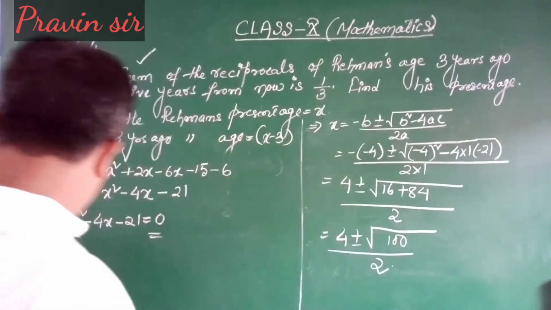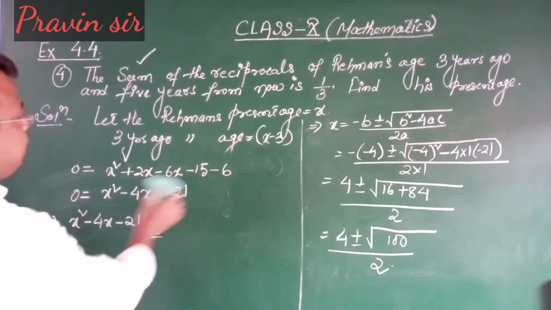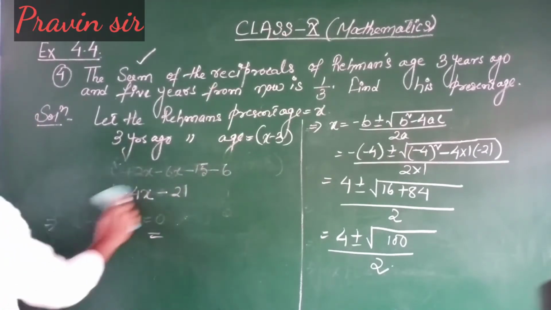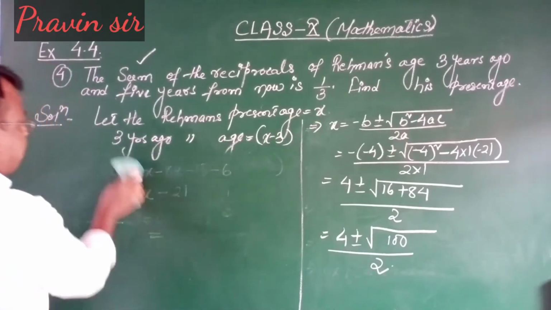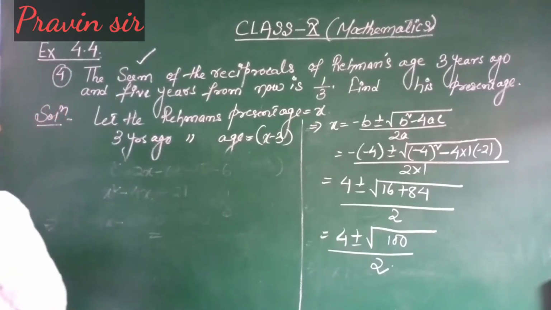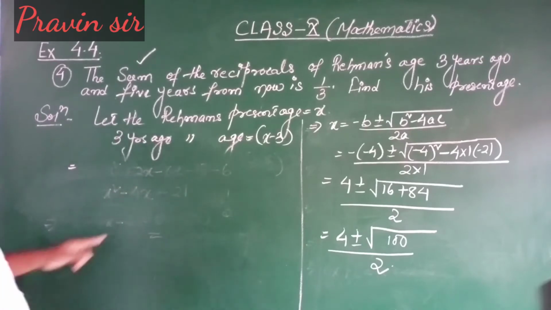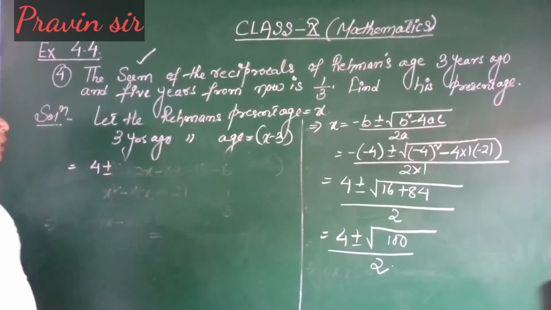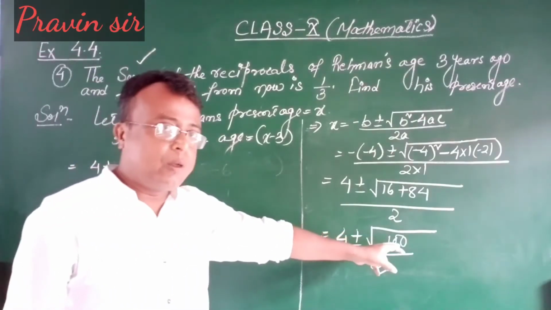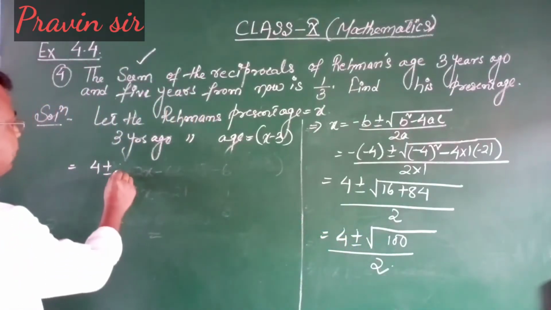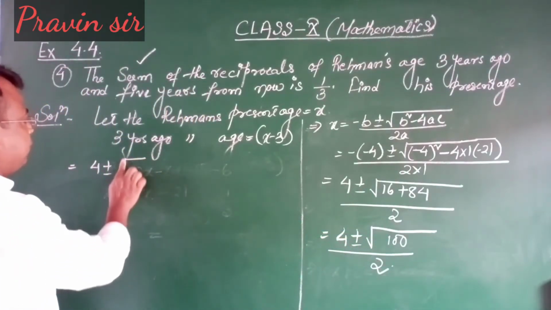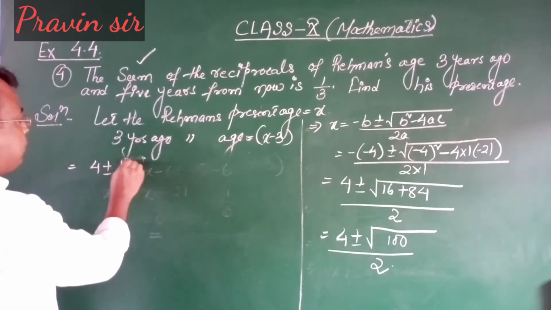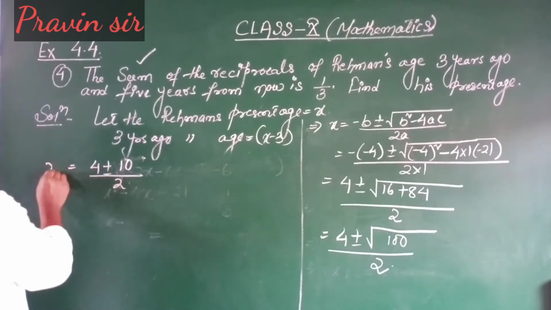Now x is equal to 4 plus minus, what is the square root of 100? The square root of 100 is 10, divided by 2.